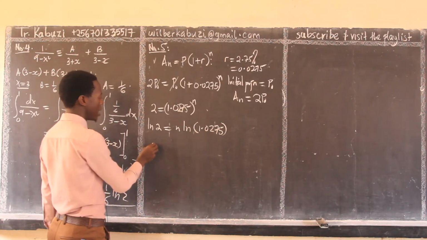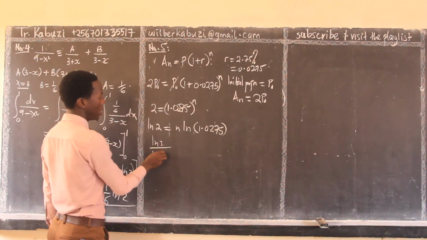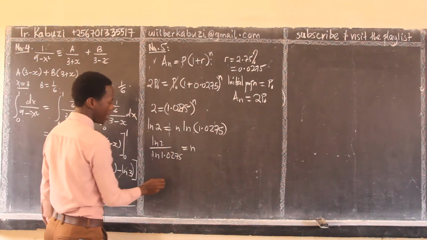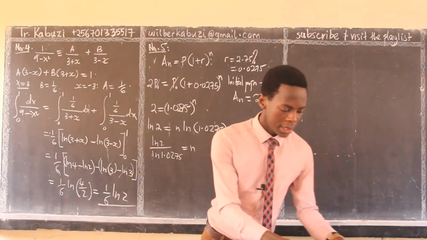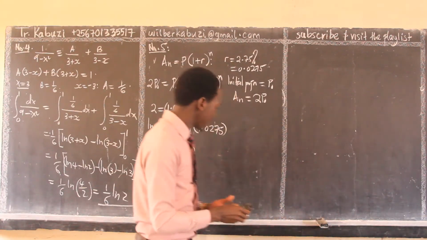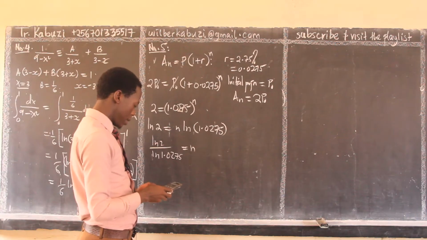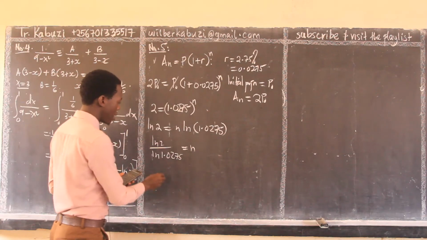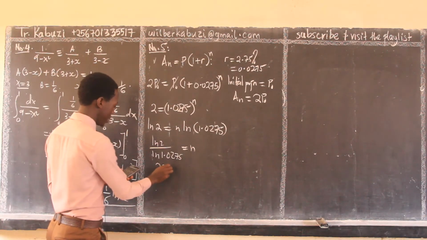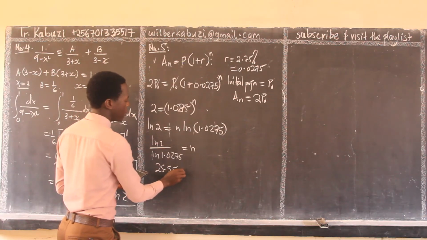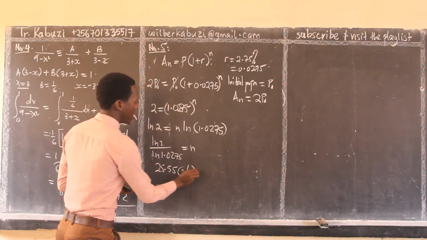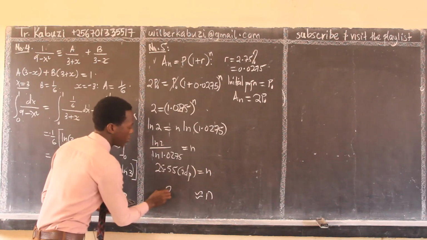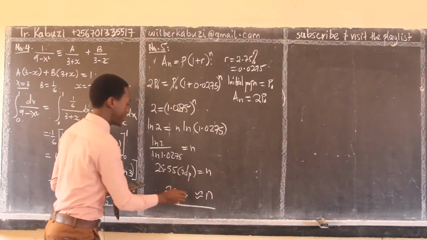So it's that my N will be natural log of 2 over natural log of 1.0275, which is 25.55 to 2 decimal places equal to n, which I can approximate to my n approximates to 26 years.